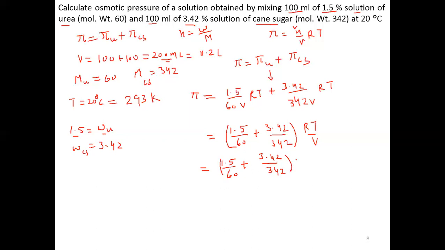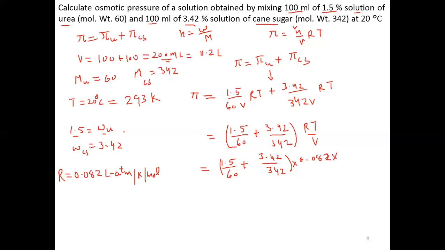Now put the value of R. R we know, I think I have written many times in my previous slide. I will again write R is equal to 0.082 liter atmosphere per Kelvin per mole. Now into R, 0.082, into temperature.